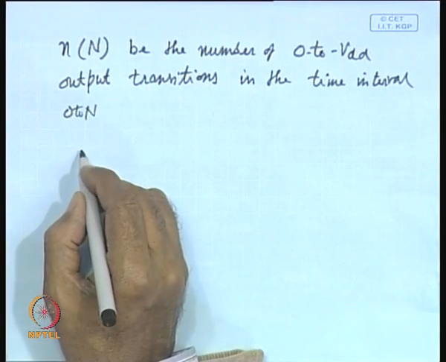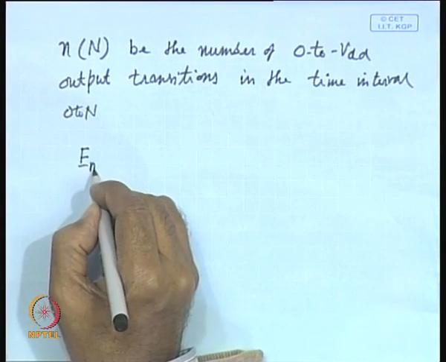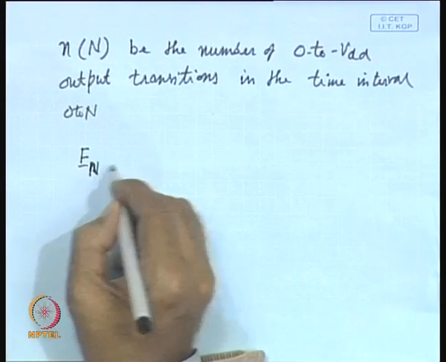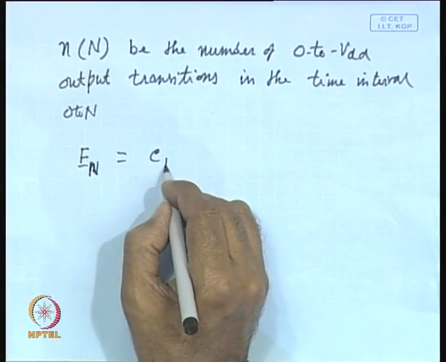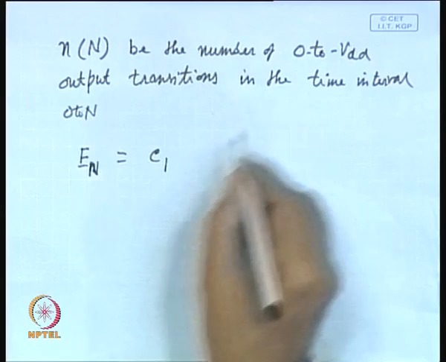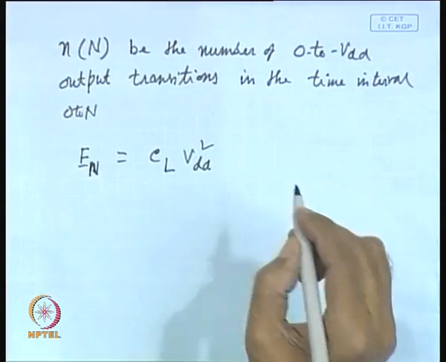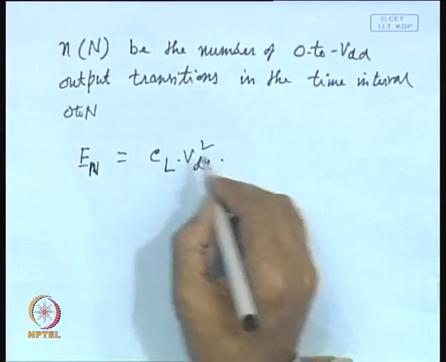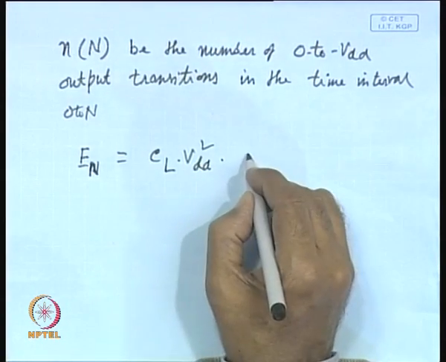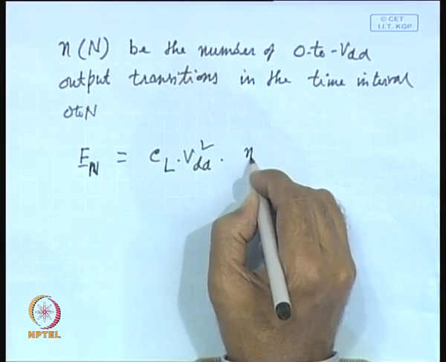So, total energy drawn, En, will be equal to, we know for each transition from 0 to 1 the energy drawn is CL VDD square, and so the total energy drawn will be equal to CL VDD square into Nn.